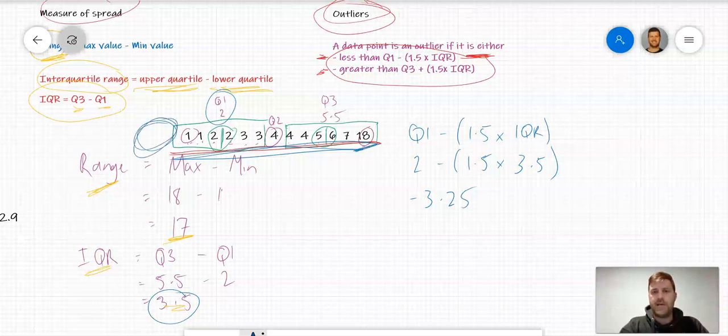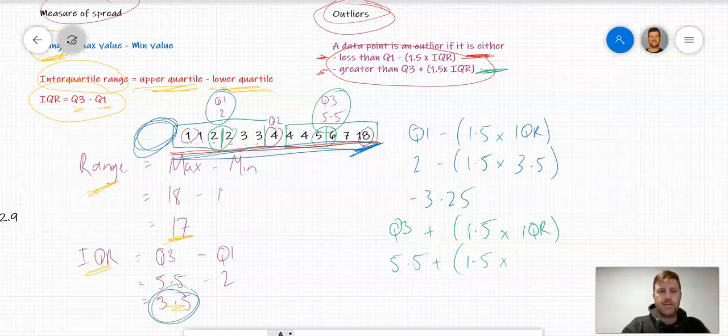Let's work out if there's an outlier on the upper end. So let's use this second formula here. Is there a number that's greater than Q3 plus 1.5 times the interquartile range? Again, Q3 for us is 5.5 plus 1.5 times 3.5, which was the interquartile range.